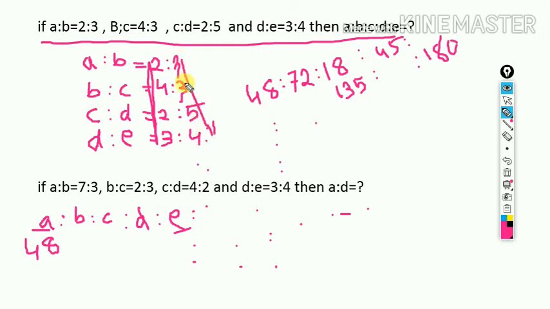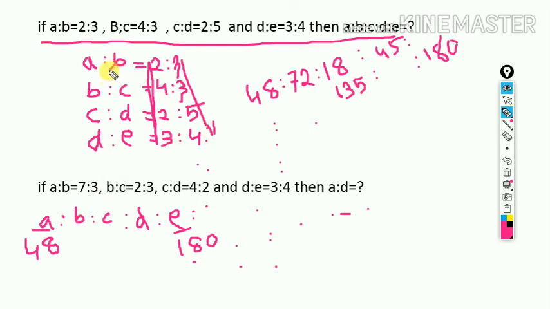So 4 multiply 5, 20, and multiply 9, 180. So finding the first and last is very easy. Just multiply all the left and all the right.